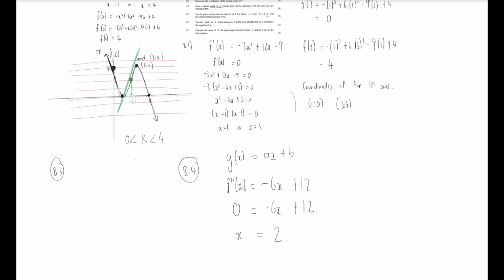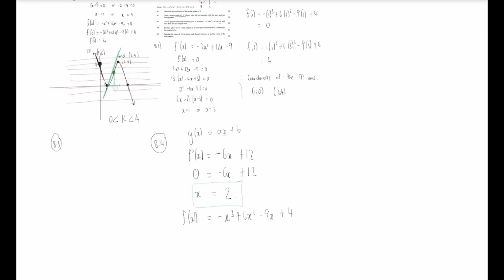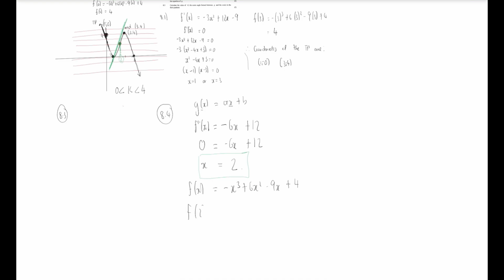To find the y value of this x value, we substitute into the original equation. Our original equation is f of x equals negative x cubed plus 6x squared minus 9x plus 4. We're going to have f of 2 equals negative 2 cubed plus 6 into 2 squared minus 9 into 2 plus 4.